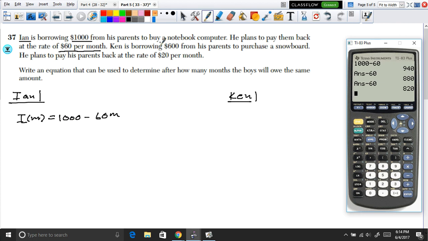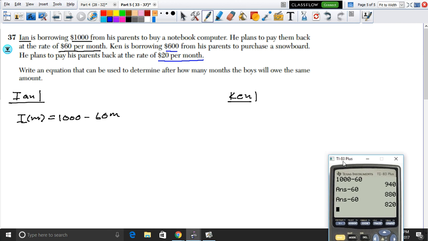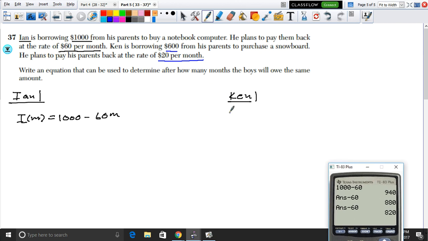So now let's look at the scenario for Ken. It says here, Ken is borrowing 600 from his parents to purchase a snowboard, and he plans to pay his parents back at a rate of $20 per month. So now for Ken, how much is Ken going to be owing every month?